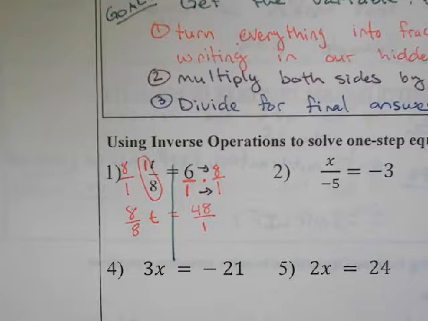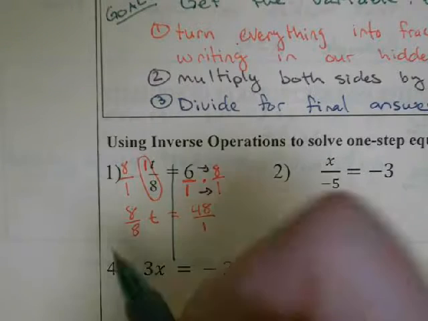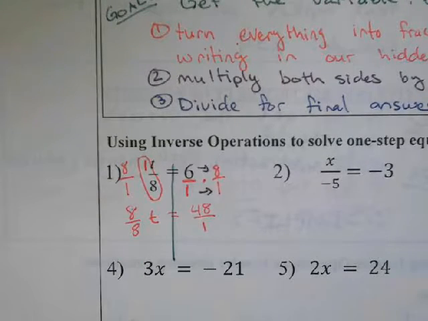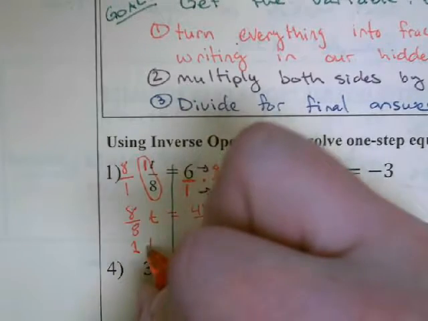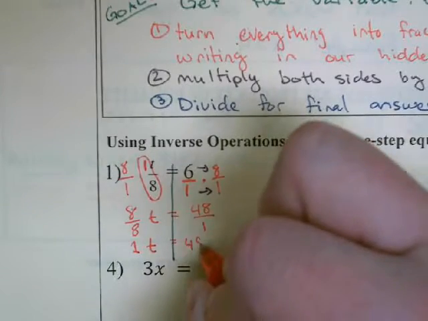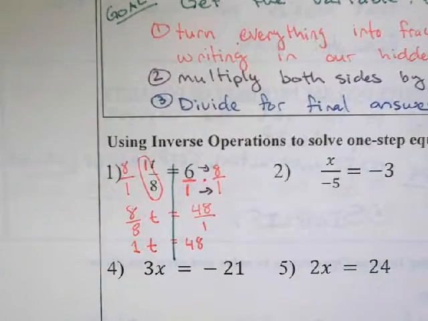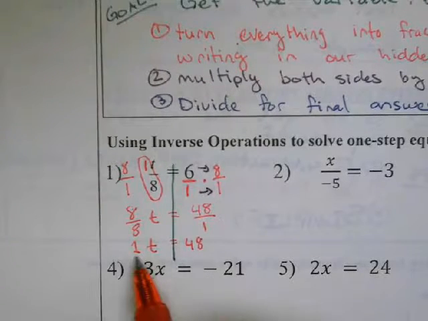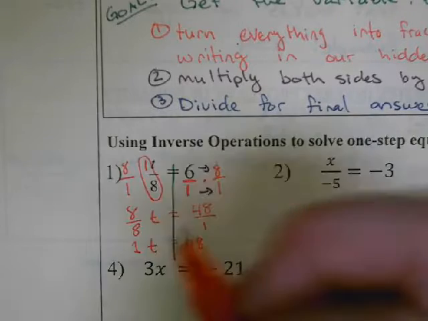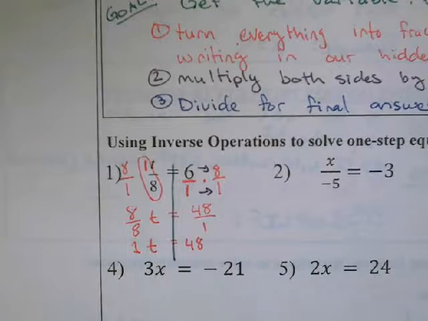Now we'll do our division, and I get 8 divided by 8 is 1, so I have 1t equals 48. And then we're really pretty much done with that problem. What we can think of is 1 times t is t, so we end up with t equals 48.